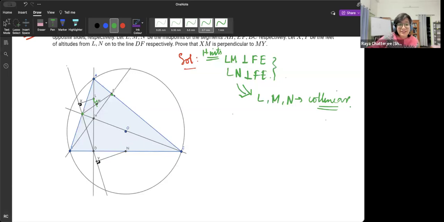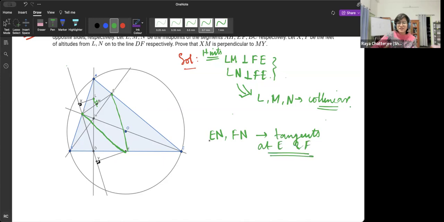So by 3 tangents, we have EN and FN. EN and FN are tangents at E and F. So this part is important, right?